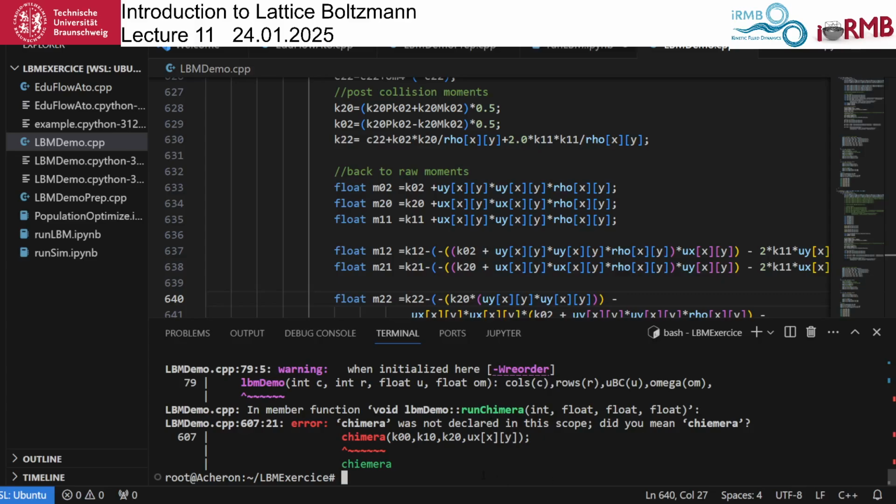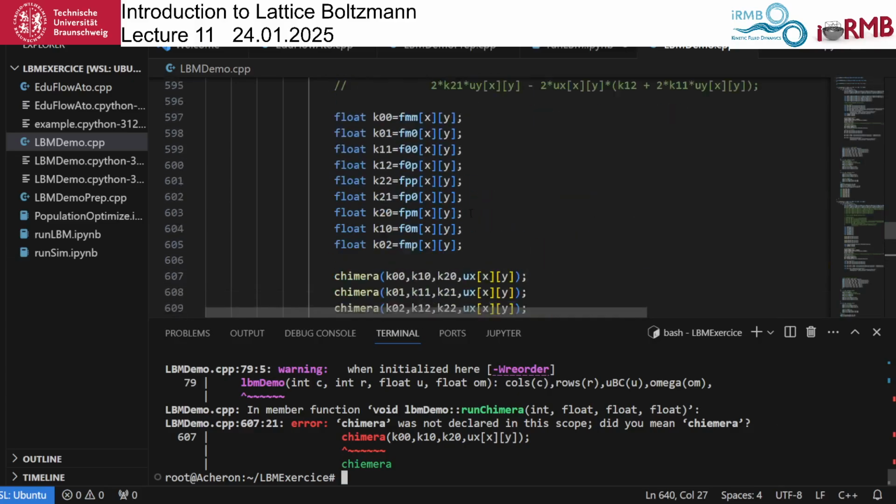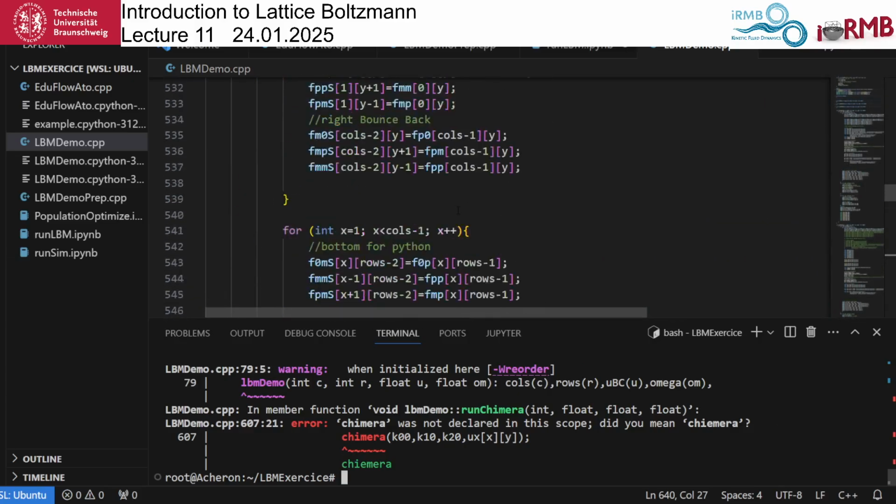Wait, was the error Chimera was not declared in the scope? The inline function has another name. Then has it a different name?